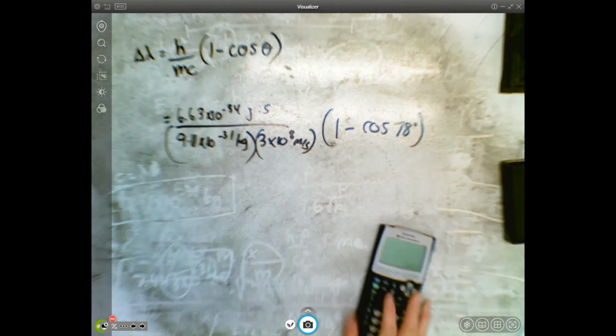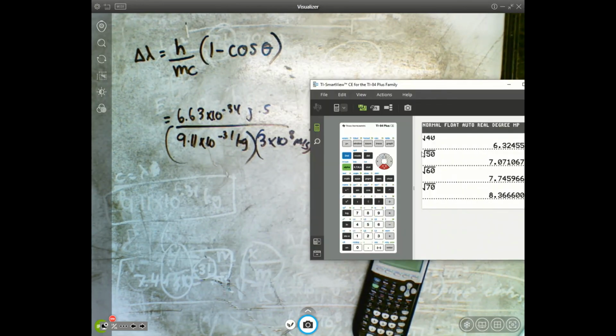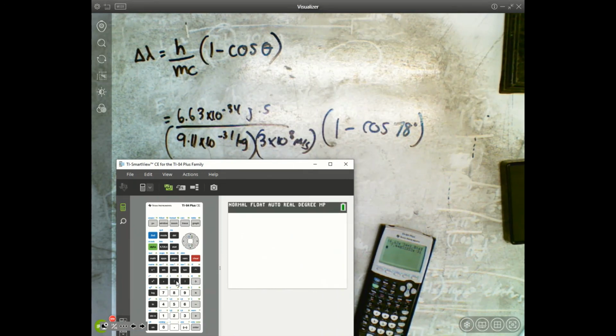Plug all this in. Maybe I'll use my on-screen calculator, even though I struggle with it. I'm going to get 6.63 times 10 to the negative 34 divided by 9.11 times 10 to the negative 31 times 3 times 10 to the 8.